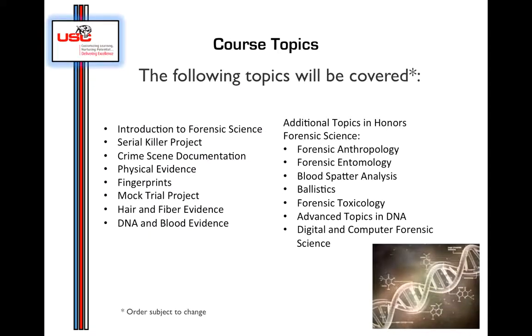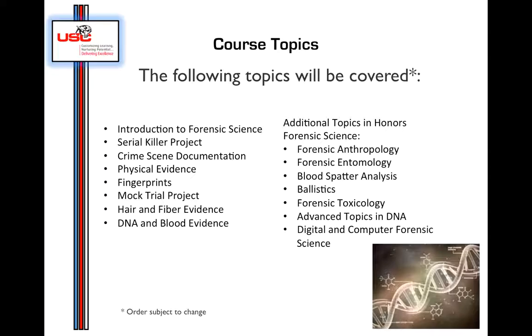The course topics that will be covered, and these are subject to change. The main topics that we cover in Honors Forensic Science will be Introduction to Forensic Science. Who were some of the groundbreaking researchers or scientists that have given us the fundamental information that we know about forensic science? We'll do a serial killer project in which you will analyze the modus operandi for various serial killers.